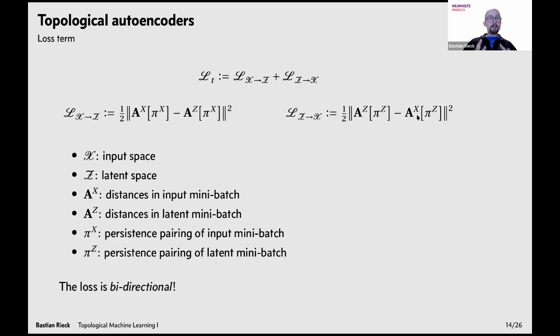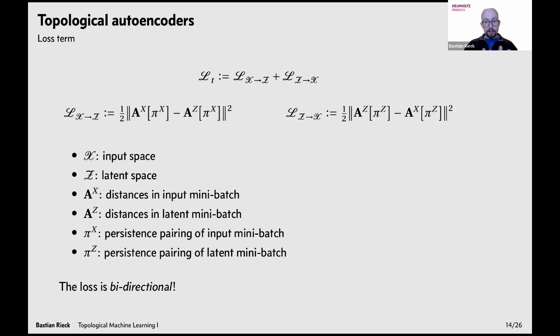So this is a bidirectional loss, as we call it, and the idea is that one time we take the persistence pairing in the input mini batch, pi of x. The other time we take the persistence pairing of the latent mini batch, pi of z, and we take a look at how much the distances are changing as we exchange those persistence pairings.